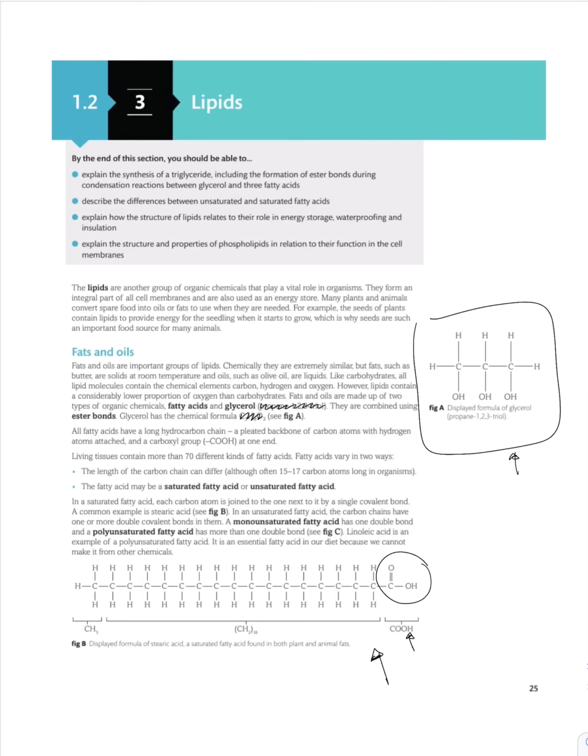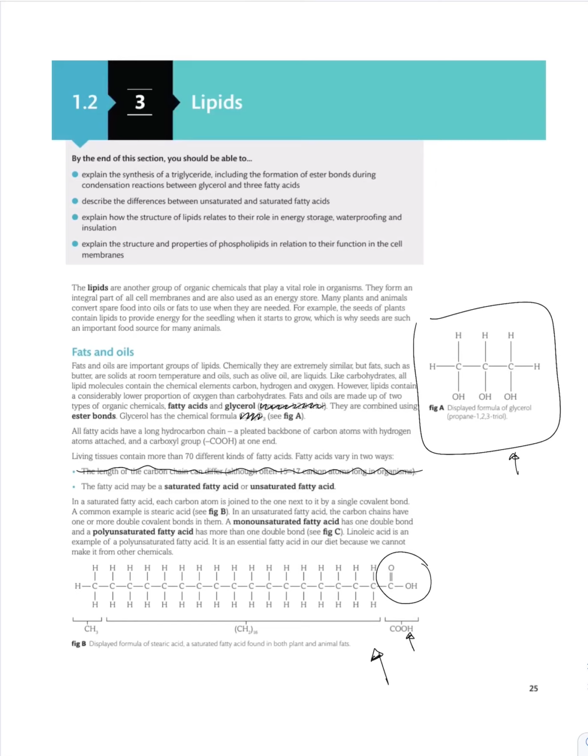The fatty acids may be saturated or unsaturated fatty acids. So this is not really important. In a saturated fatty acid, each carbon atom is joined to the one next to it by a single covalent bond. If you're doing A-level chemistry, you would also come across the saturated and unsaturated carbon bonds. A common example is stearic acid.